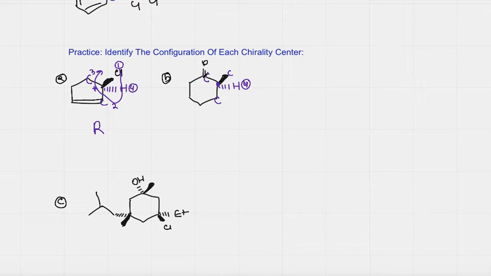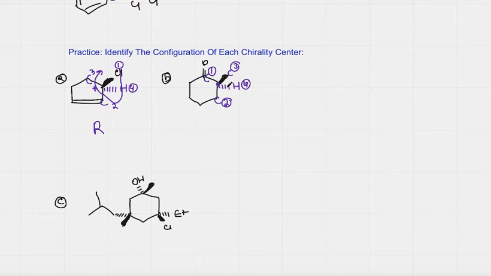So the carbon that is connected to the oxygen wins. I'm going to give it a 1. And then between these 2 carbons, this carbon is connected to another carbon, but this carbon is only connected to hydrogens. So the carbon on the bottom must win. It's going to get a 2. And this carbon will get a 3.